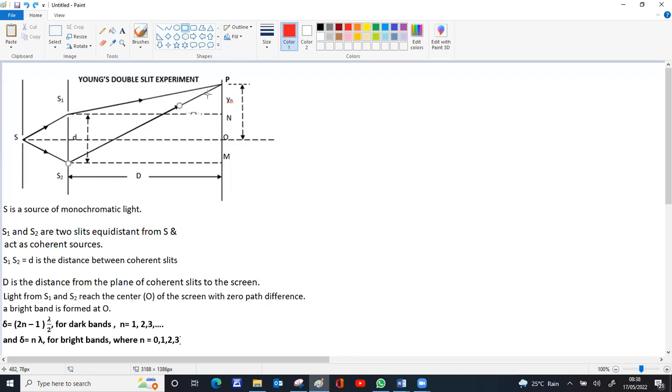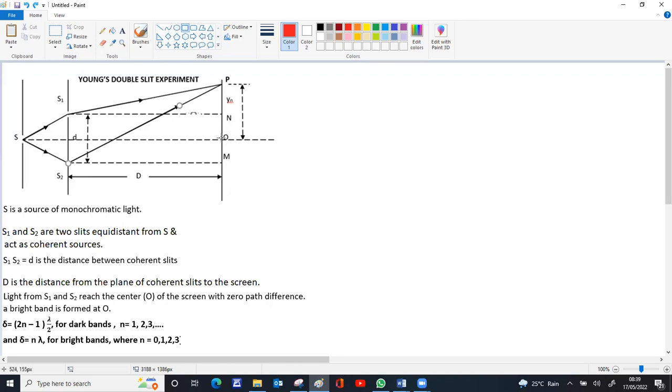For S2P, we take the triangle S2MP, so that the hypotenuse square is base square, which is D square, plus altitude square, MP square. MP will be yn plus d by 2. Same way for triangle S1NP, S1P whole square will be base square, D square, plus NP square.